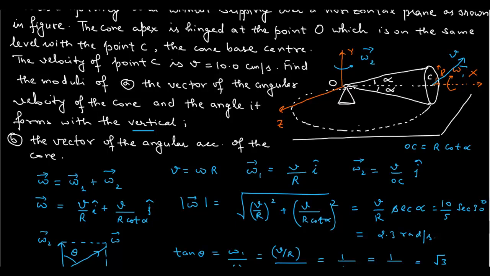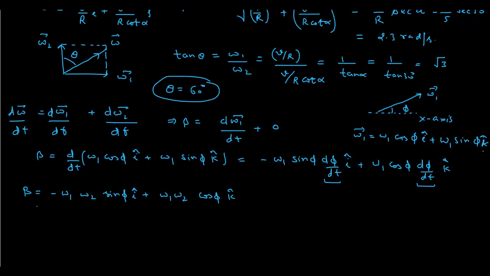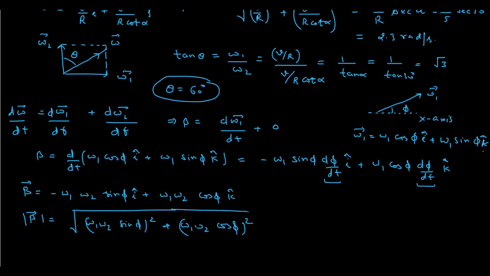Clear? So from here we can write the magnitude of beta. The magnitude of beta is equal to under root of (omega 1 omega 2 sin phi) whole square plus (omega 1 omega 2 cos phi) whole square, and from here we get omega 1 omega 2.